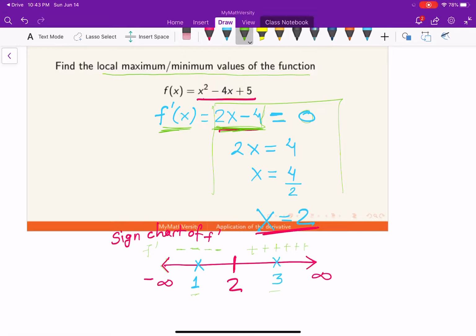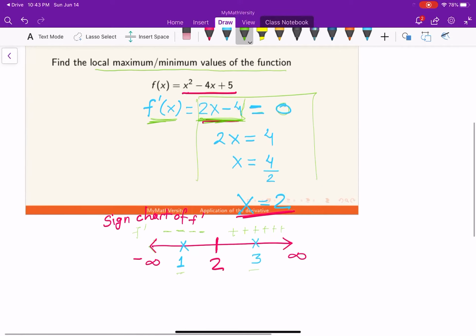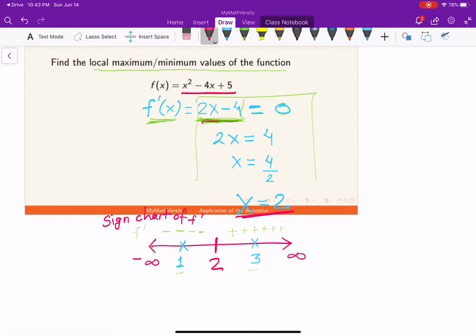All right, now our goal is to use the first derivative test. We have the critical number, which is 2. At the critical number, f prime before that was negative, but then it changes sign. By the increasing/decreasing test, you can see it is decreasing here and increasing there. The first derivative test says that if f prime changes its sign from negative, which is here, to positive, then f has a local minimum at 2.